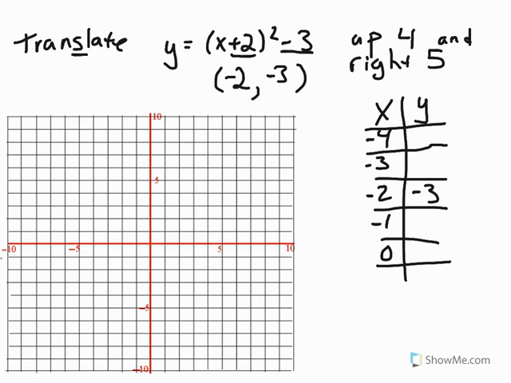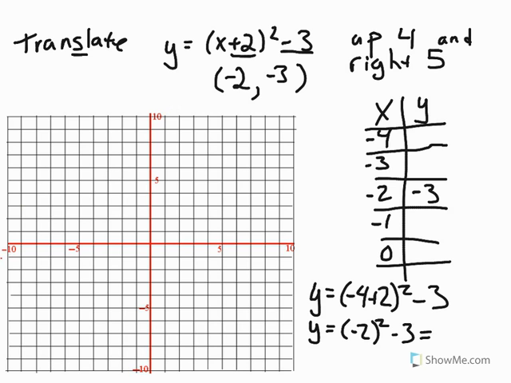Then all we do is plug in these x values to get our y value. So when I plug negative 4 in, I have y equals negative 4 plus 2 squared minus 3, which gives me y equals negative 2 squared minus 3, and negative 2 squared is 4, and minus 3 is 1. So my y value there is 1.